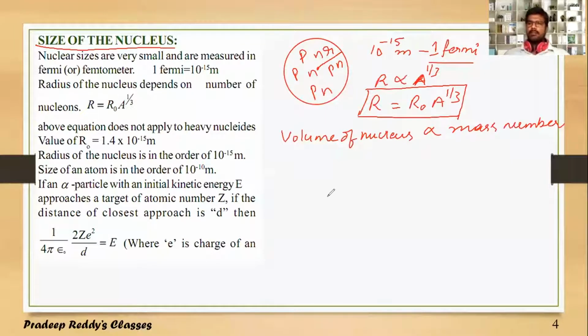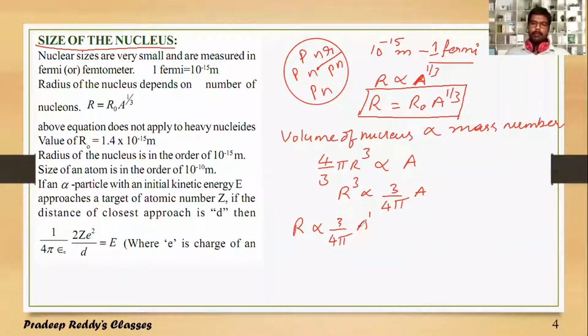The nucleus is supposed to be spherical, therefore we take its volume as 4 by 3 pi r cube, which is directly proportional to mass number A. From here, r cube is directly proportional to 3 by 4 pi into mass number A, so R is directly proportional to (3 by 4 pi A) power 1 by 3.